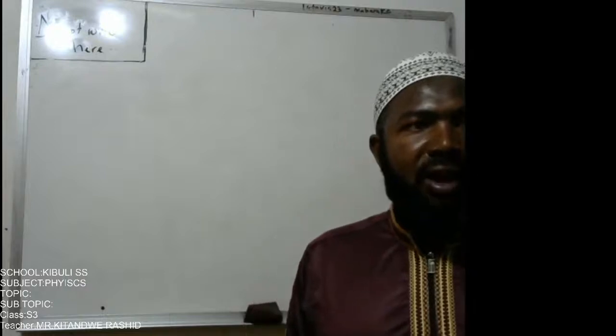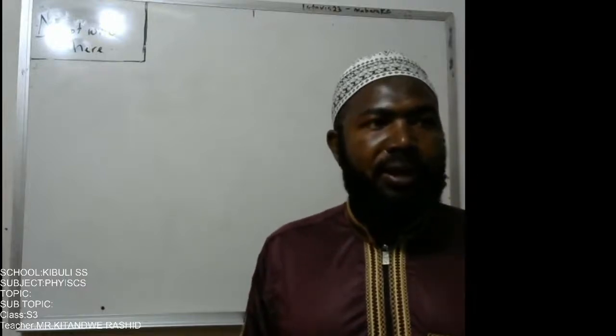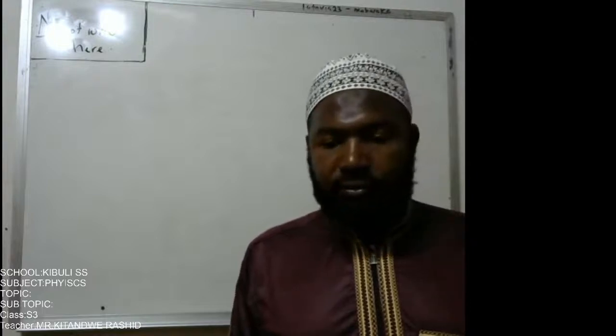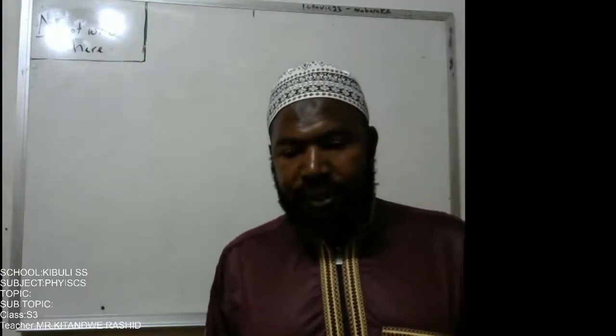Find the value of R and hence the power dissipated in R. The notes are uploaded, and we have started on slide 62 for the activity that you had previously.